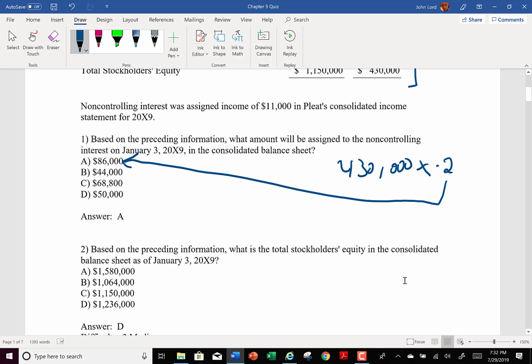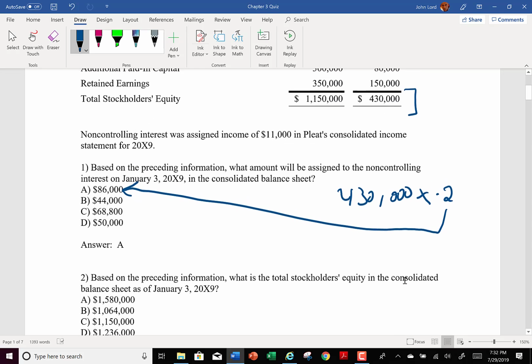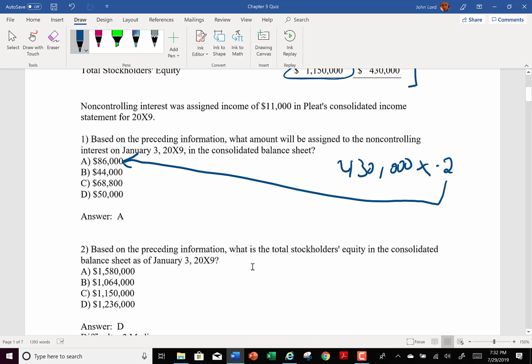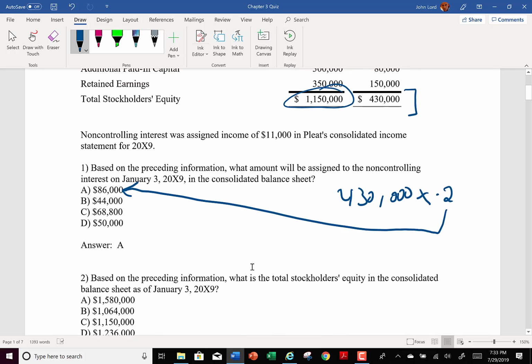Based on the preceding information, what is the total stockholders' equity in the consolidated balance sheet? Whose stockholders' equity do we pick up? We pick up the parent's stockholders' equity, and everything else gets eliminated. So 1,150,000, plus the non-controlling interest.